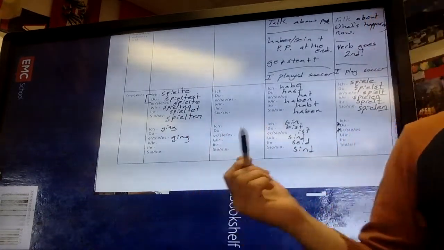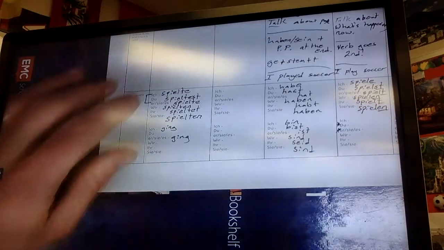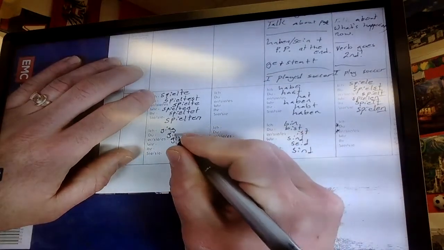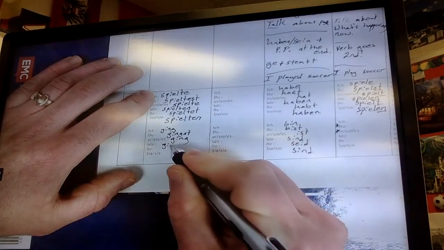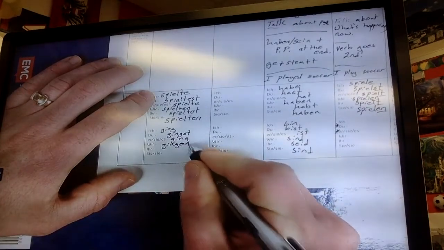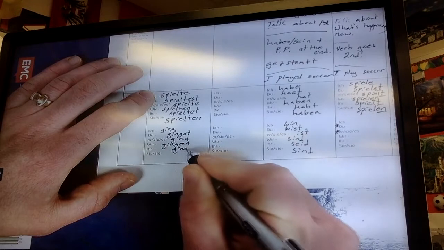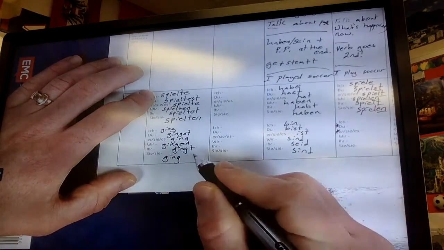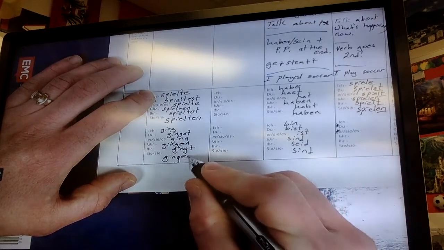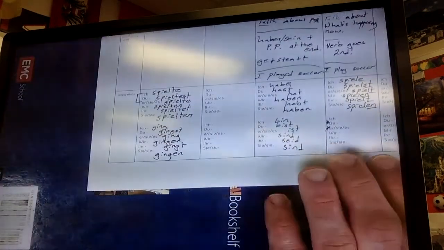And you just use how it is there. You don't add an e or anything. If you were to use the du, you add st. For wir, we add en. For ihr, you add t. And for sie, en. Gingen.